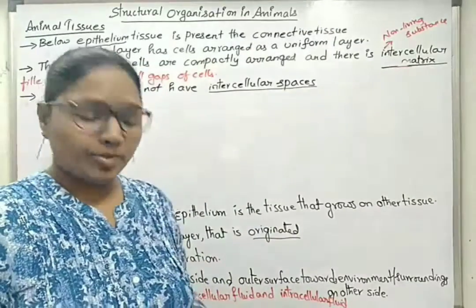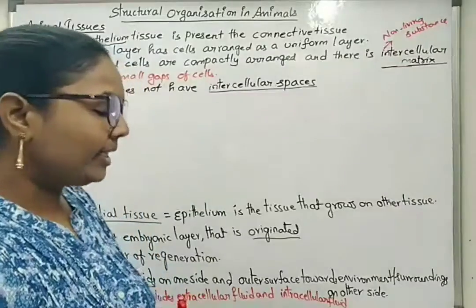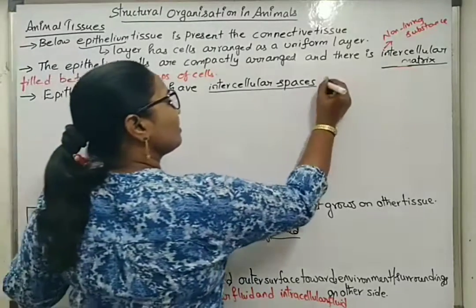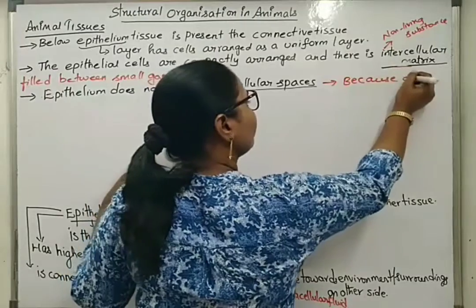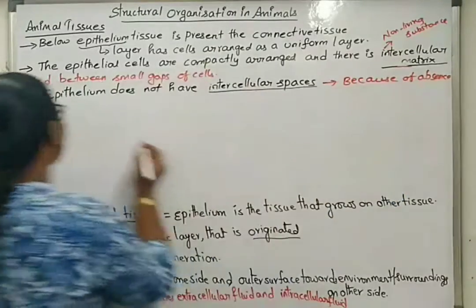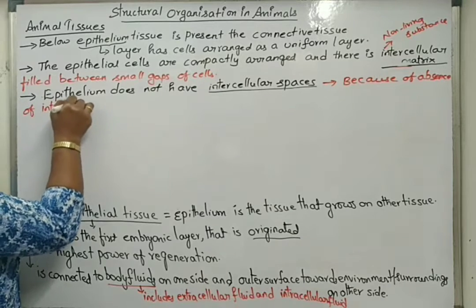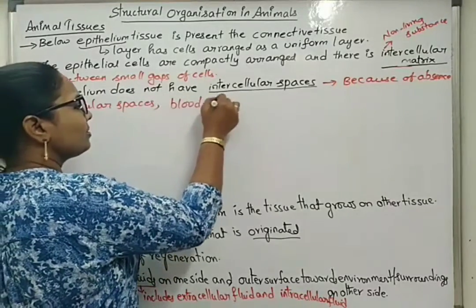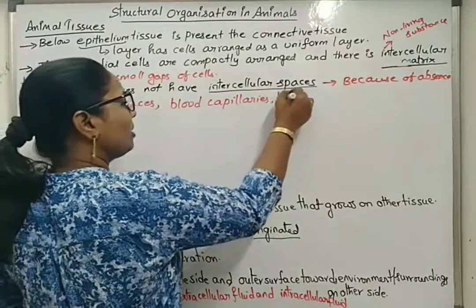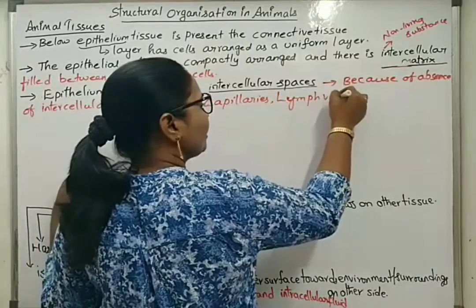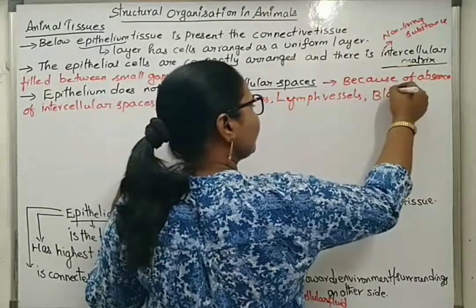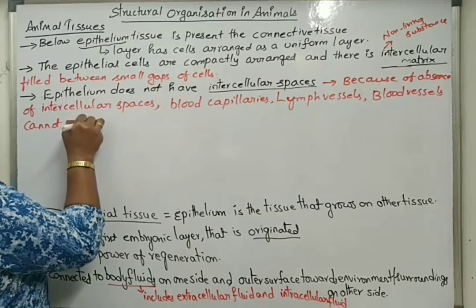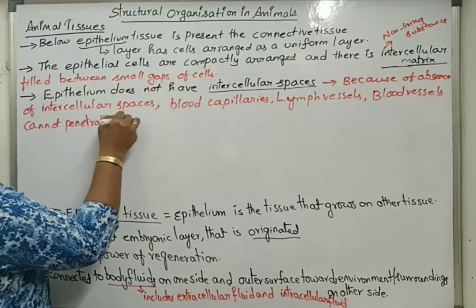Because of the absence of these intercellular spaces, blood vessels, lymph vessels and blood capillaries cannot penetrate into the epithelium.